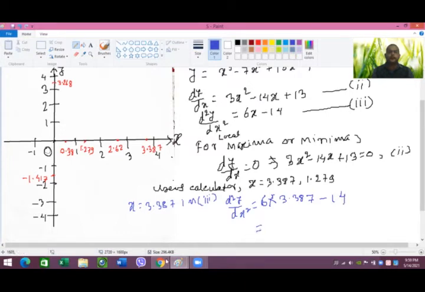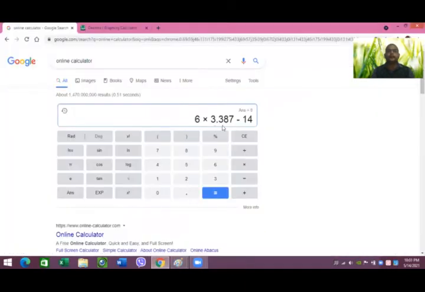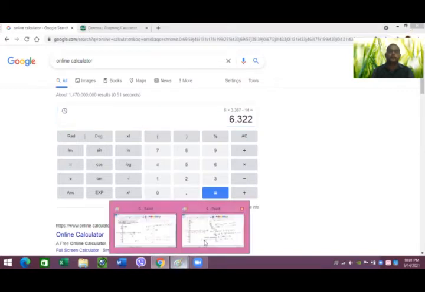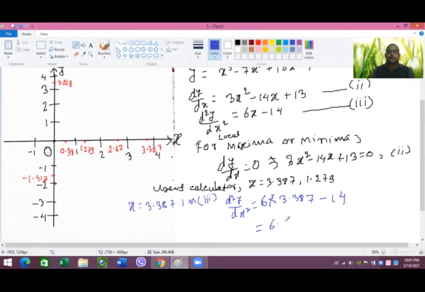Go to the calculator: 6 times 3.387 minus 14, and you see it gives you a positive value, that is 6.322. This value is not important. We only have to see whether this is positive or negative. This value is bigger than 0. That means we have got the second order derivative as positive.